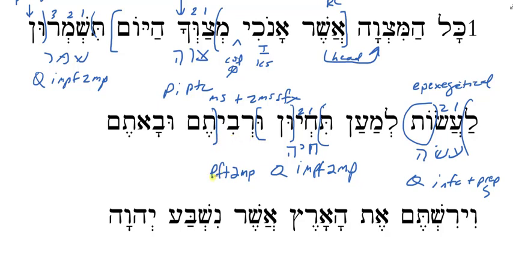Chances are that what I'm looking at here is what we've been calling a WCP, a vav consecutive perfect. And those are used in typically non-past times in sequence with imperfect preceding. And I'm going to want to give it the same sort of nuance as what I had before.